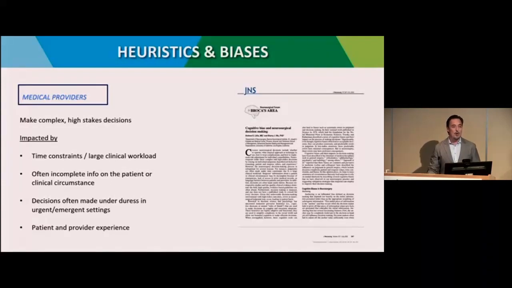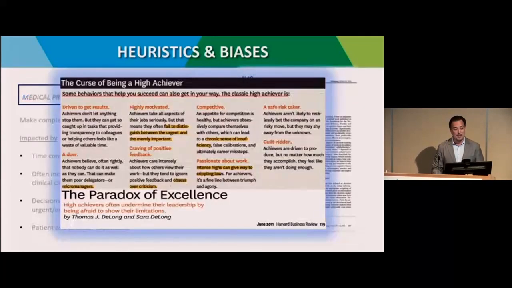And we don't always know how our experience and our patient's experience really influences us. If we have a very difficult experience with a particular procedure or a particular medication, recently, that impacts how we might choose, regardless of what the statistics of that intervention may be. And I think this is also compounded, as nicely described in the Harvard Business Review, in that many people in healthcare fall under the general terminology of being a high achiever.